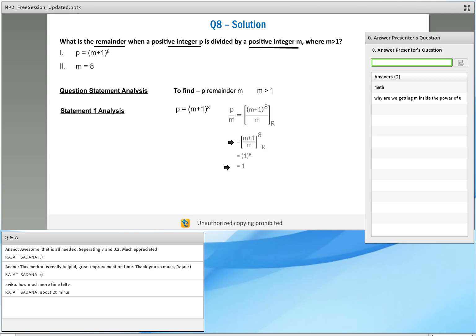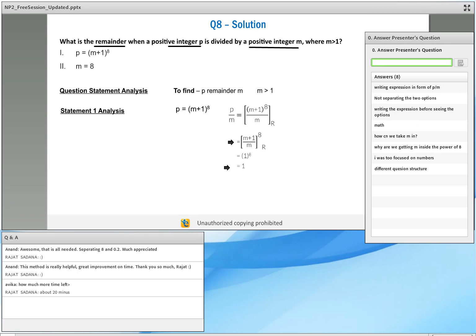You were really focused on numbers. You thought m was needed. Yes. And again, that's where you have to trust the test maker and you have to trust yourself.